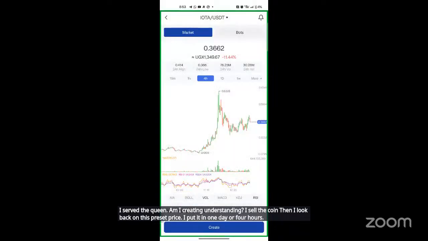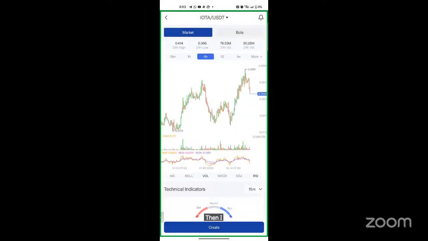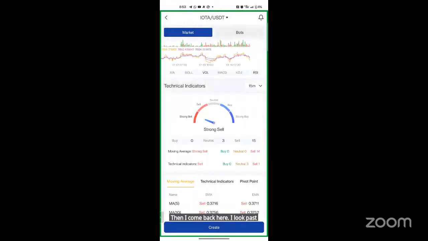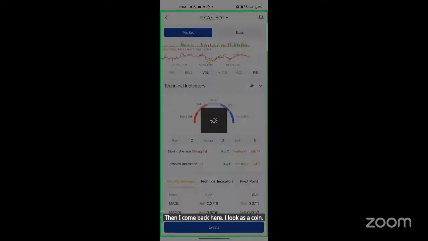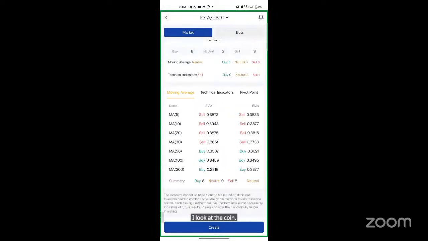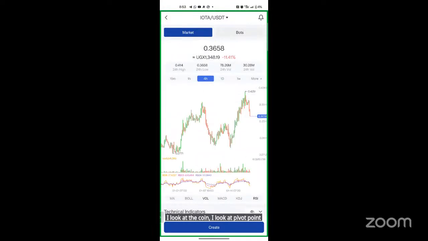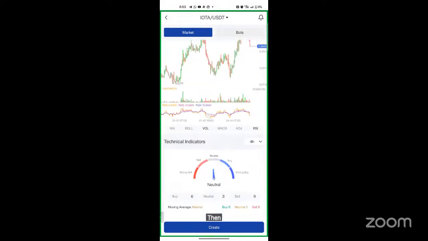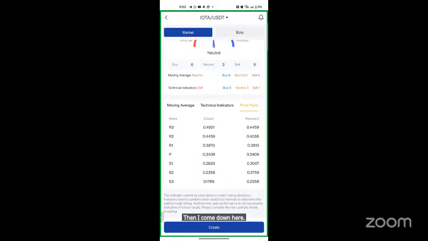Then I look back on this preset price. I put either in 1 day or 4 hours, then I come back here. I look at the coin, I look at the pivot point and current price, 0.3659. Then I come down here, 0.36.